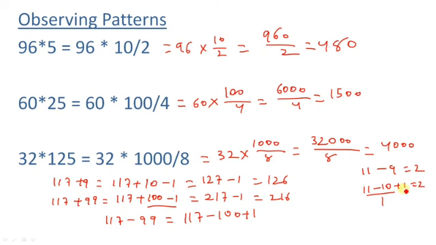Here it was 9, here we subtracted 10. Subtraction means we go backwards, and we went 1 point more. That is why we added 1. Similarly, 117 minus 100 plus 1. 117 minus 100 is 17, plus 1. So the answer is 18.